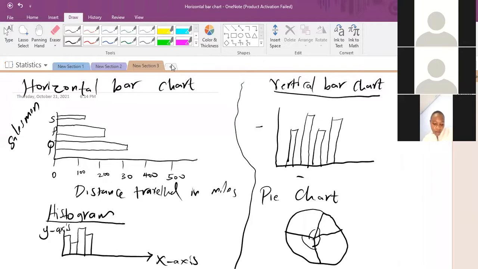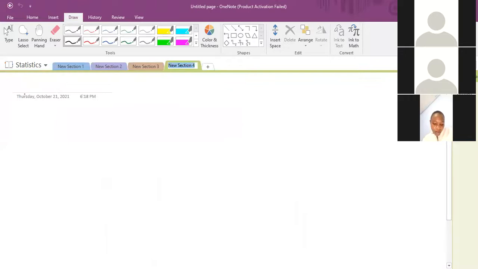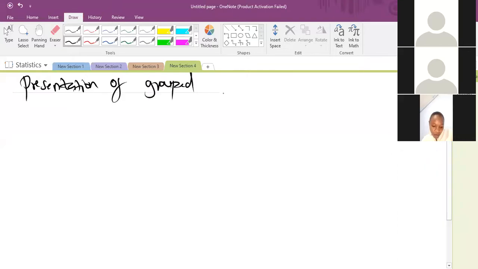Now, let's look at presentation of grouped data. If you're given some data and you're told to group that data, how exactly do you go about grouping it?